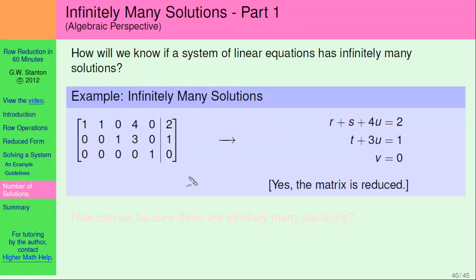The first row gives us r plus s plus 4u equals 2. The second row gives us t plus 3u equals 1. And the third row gives us v equals 0.